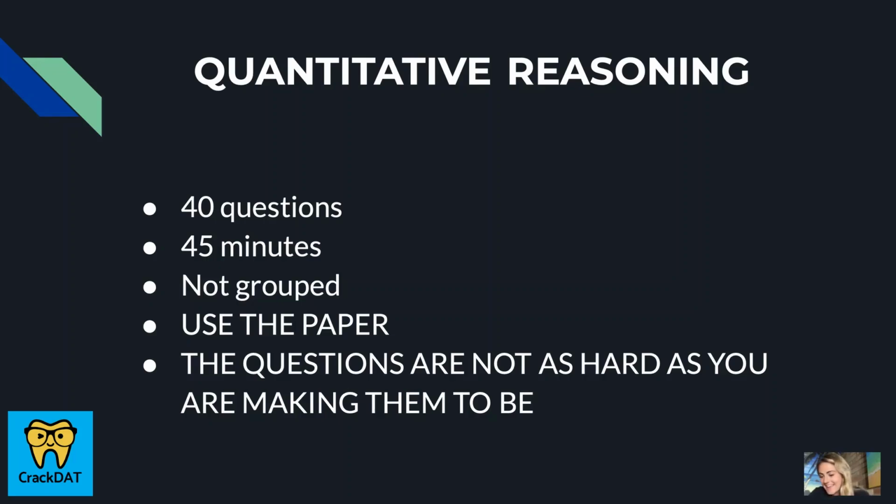Ultimately it's 40 questions, 45 minutes, which I think is a good ratio because of my last point: the questions are not as hard as you are making them out to be. I found myself spending a lot of time fixating on different ways to do it, equations I should be using, theorems.